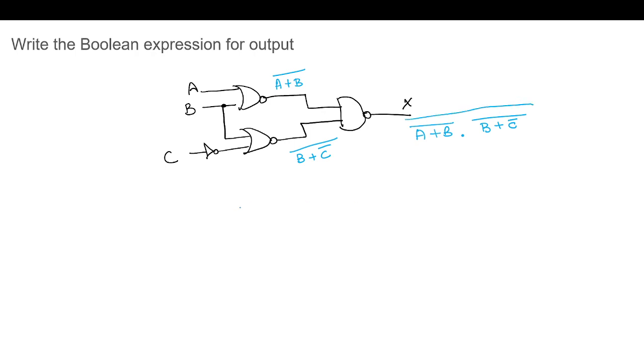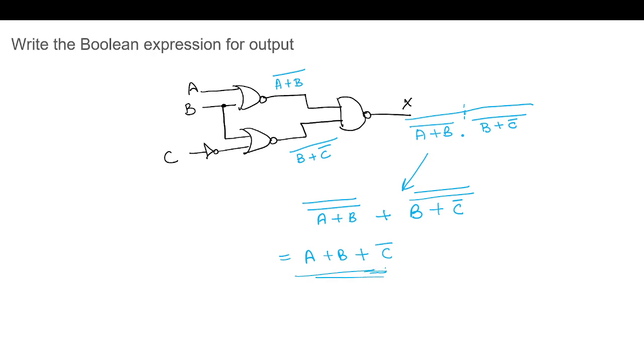Now, if we apply Boolean algebra, De Morgan's theorem, we can simplify as we have to break this bar here and change this sign. So it will be plus. Sorry, this is B plus C bar. So this is equivalent to A plus B plus C bar, B plus B, which is B.